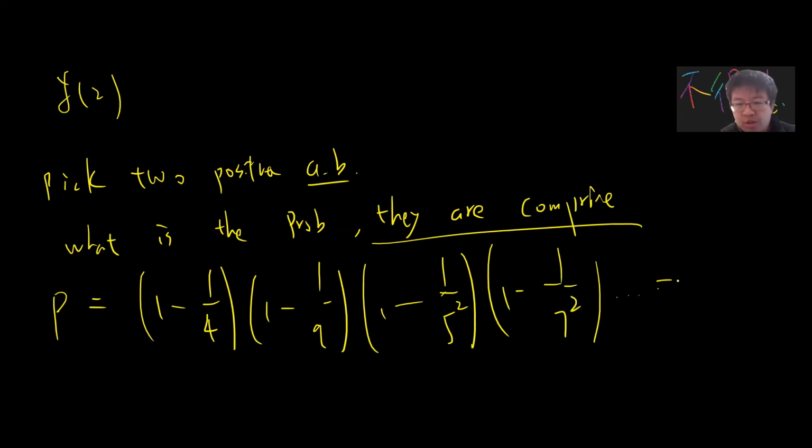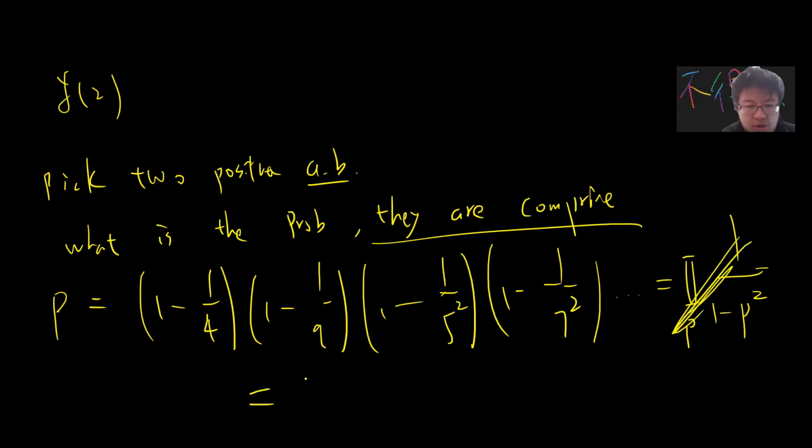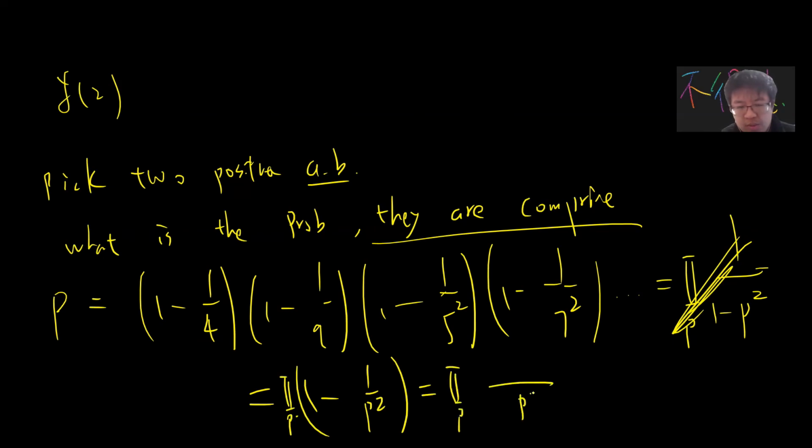So you can check that this is just the product over P of 1 minus 1 over P squared. So this is the probability, right?